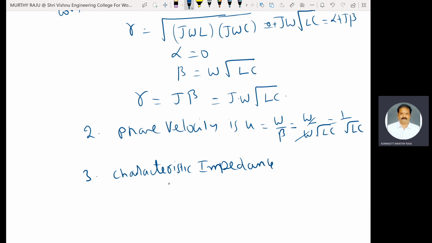Characteristic impedance Z0 is equal to square root of (R plus j omega L) by (G plus j omega C).